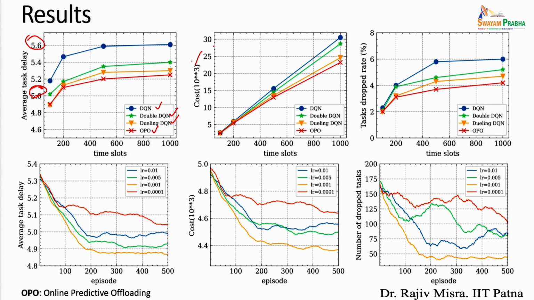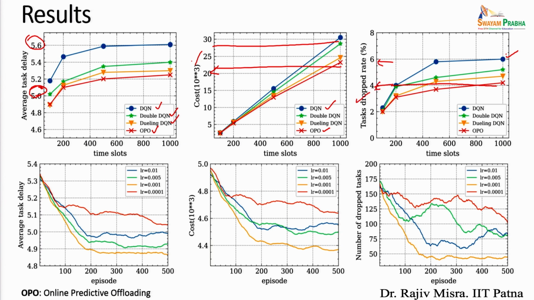Further, if you see the cost comparison, the cost is more compared to the DQN, whereas the online prediction offloading algorithm is much better in terms of cost minimization. Task drop rate, if you consider it in all these algorithms, you will find that DQN has a drop rate more than the online prediction offloading algorithm.